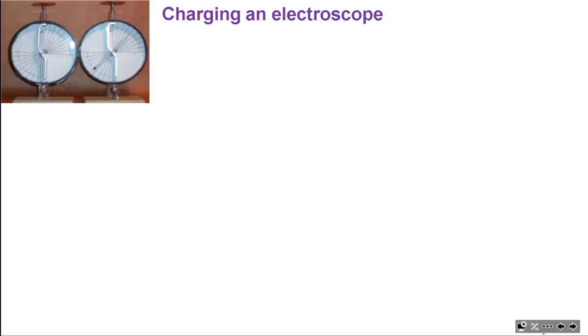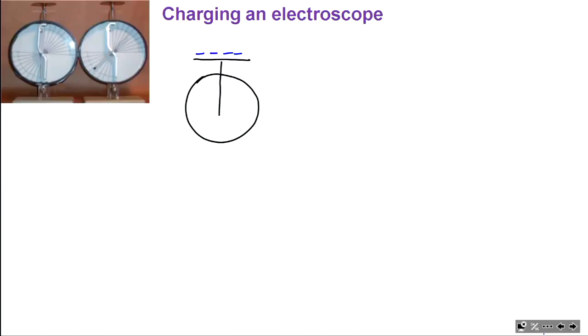Now let's explain what is happening in both situations. Well, the first situation is easy. We have an electroscope. It's initially neutral, and then we're just adding electrons. I don't like red, electrons are blue. I'm just adding electrons to an initially neutral piece of aluminum. So what's happening?